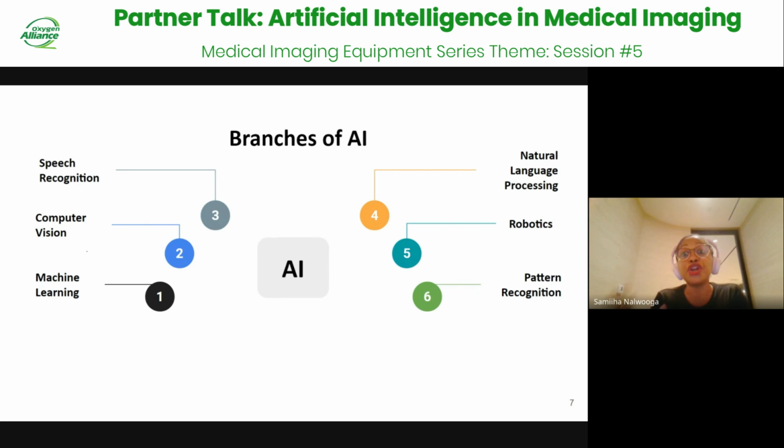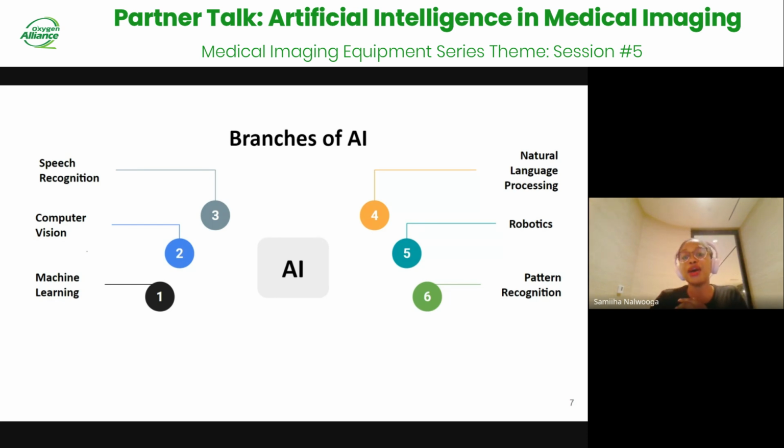We also have a branch called natural language processing, which is the ability of a computer to process and understand human language, so it is intertwined with speech recognition. Then we also have AI that moves, that is robotics, the ability of computers to actually move.